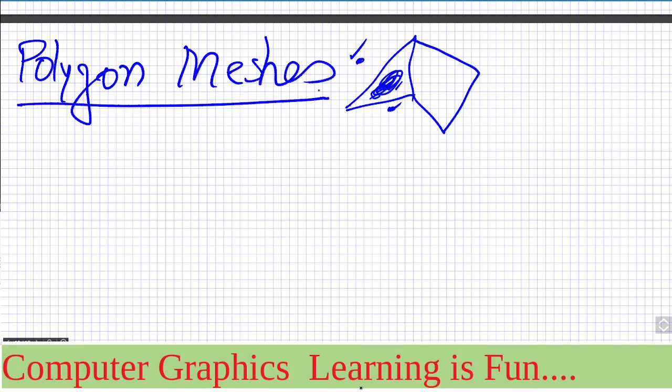It will be a mesh of polygons. Now, an important thing here in polygon mesh, let me start from the beginning. In polygon mesh, what is happening? There are multiple polygons which will be there to form our object.